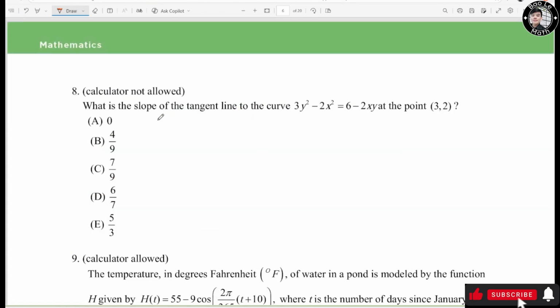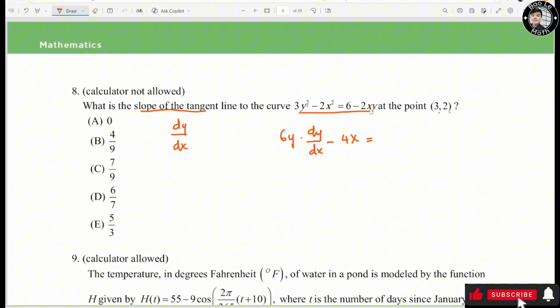Now, question 8. What is the slope of the tangent line to the curve at the point (3, 2)? So remember, the slope of the tangent line is going to be dy over ds, right? So we're going to take the derivative of both sides with respect to s. So we have sec y times dy over ds minus 4s equals the derivative of this one, which equals 0.